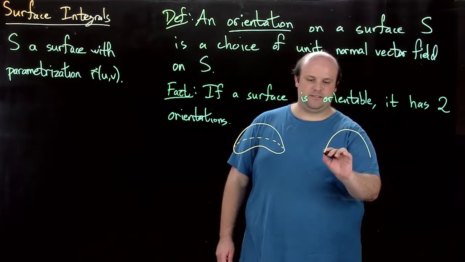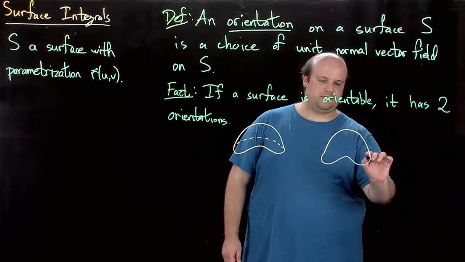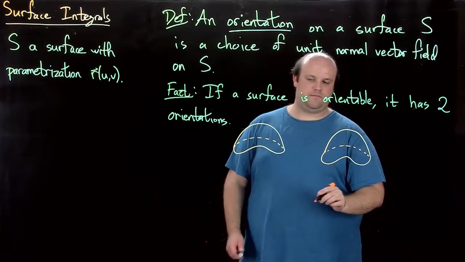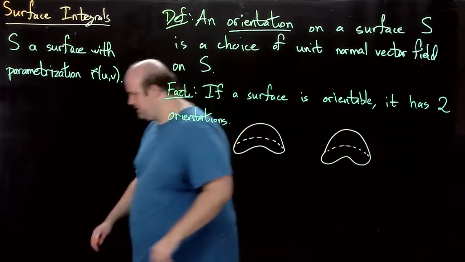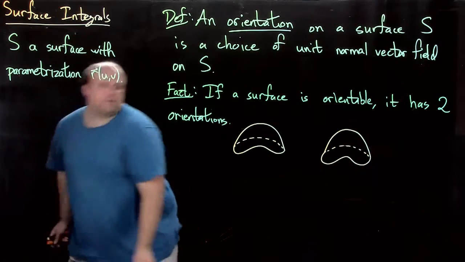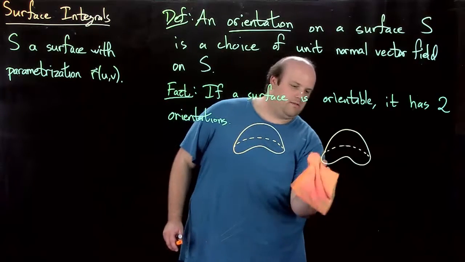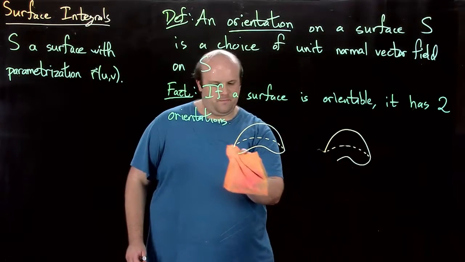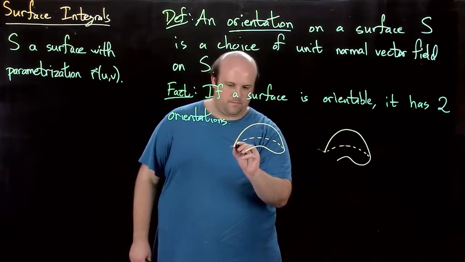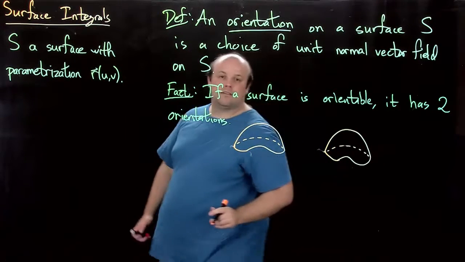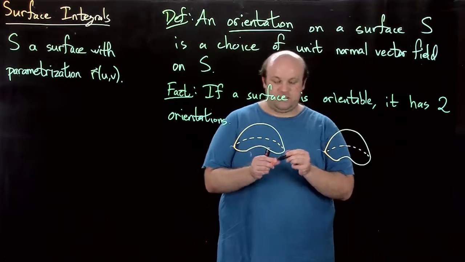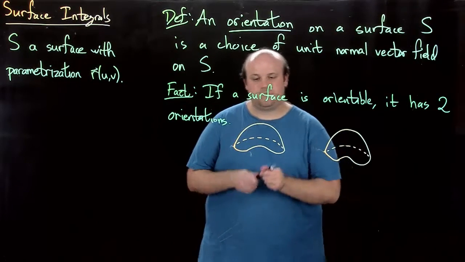Let's try and make this almost the exact same surface here, so pretend these are the same surface. You get rid of that extra little bulge there. So what do the two orientations look like on this surface?